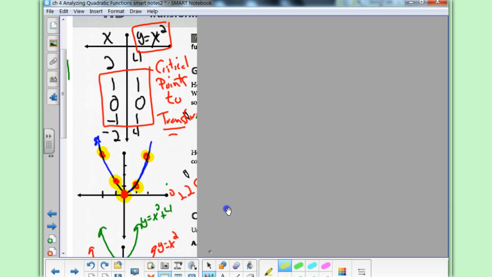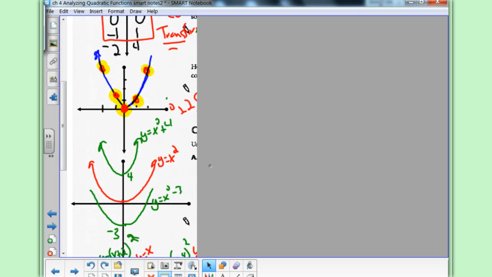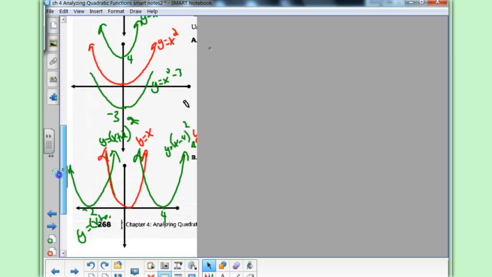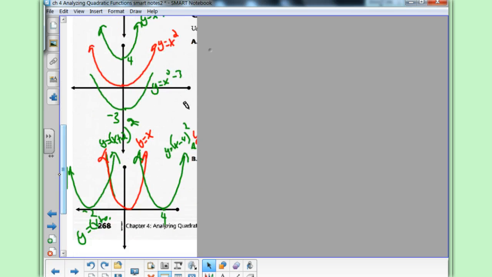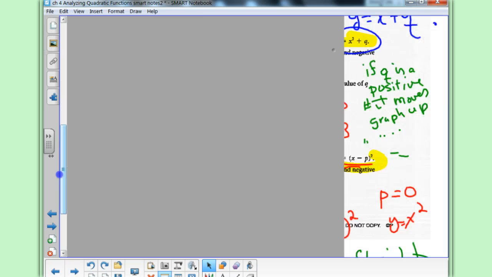So the question now is, when you transform these points, what will happen? You should see those points getting moved up and down, or you should see them getting moved left and right. And you need to come to peace with what it is you need to do to the equation to make those things happen.